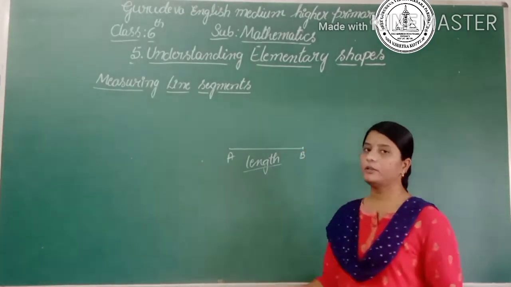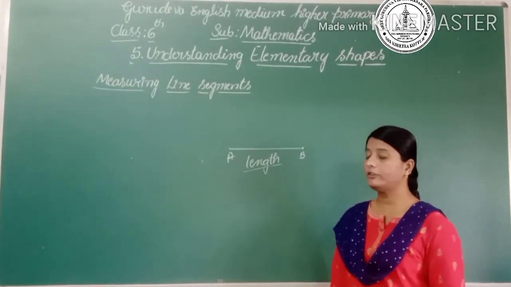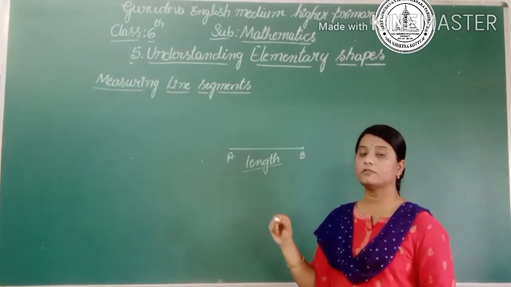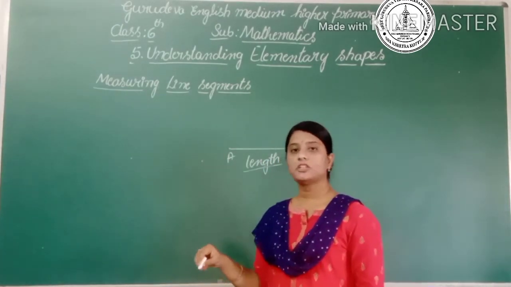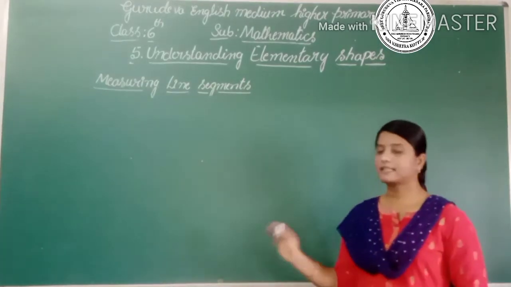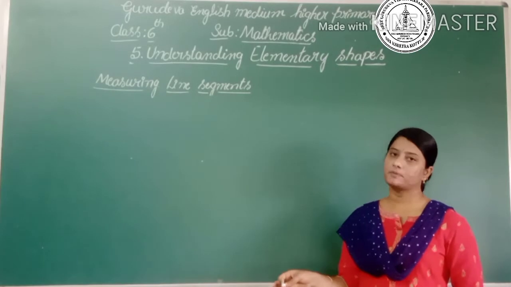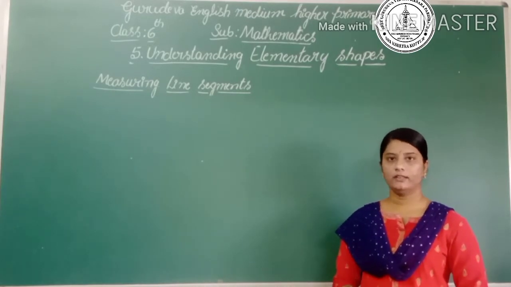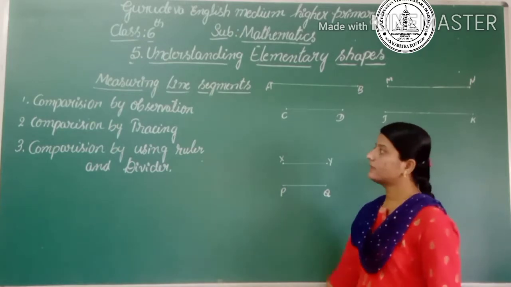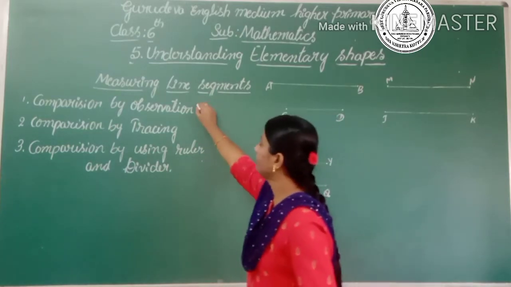We can compare two line segments in different ways. If we compare two line segments, we will find out the relationship between them. Let's compare line segments in different ways. The first way to compare line segments is comparison by observation.